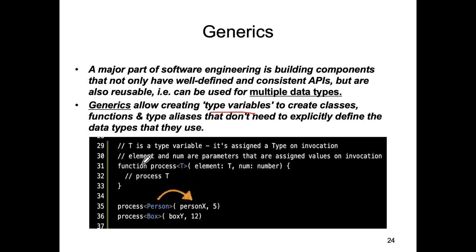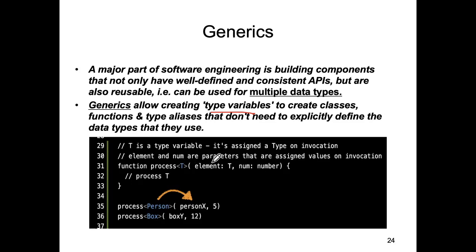But here with generics, we have variables that can take on a type value, which sounds contradictory, but okay. But I'll just push on anyway. So T here is a variable, and you can give any name to this type variable that you want to. T is a convention, but you can give it a more elaborate name.